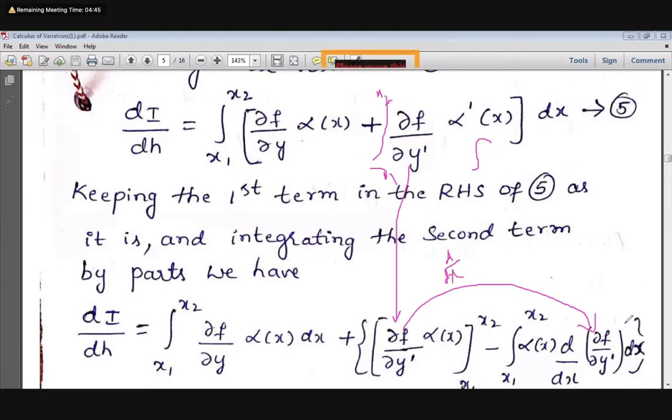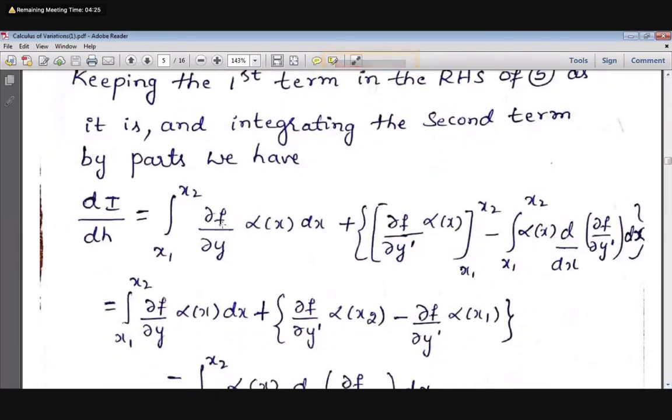That was integration by parts, right? Any doubt in this?